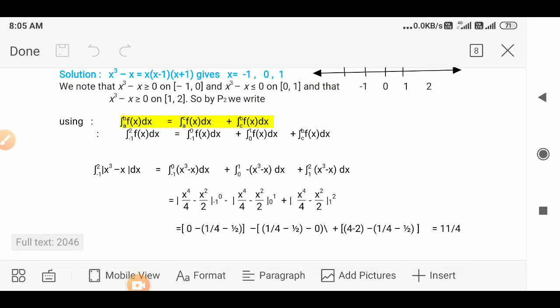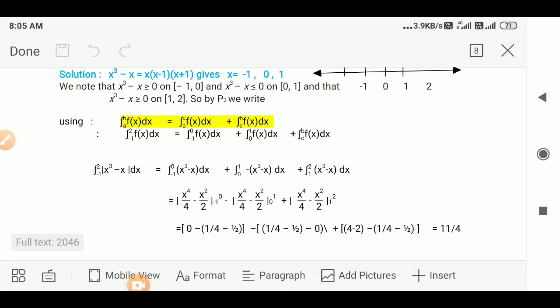And x cube minus x will be negative if we take the values from 0 to 1. 0 to 1 means you are taking positive fractional values less than 1, and putting these values in the factors of x cube minus x, you will get a negative result.